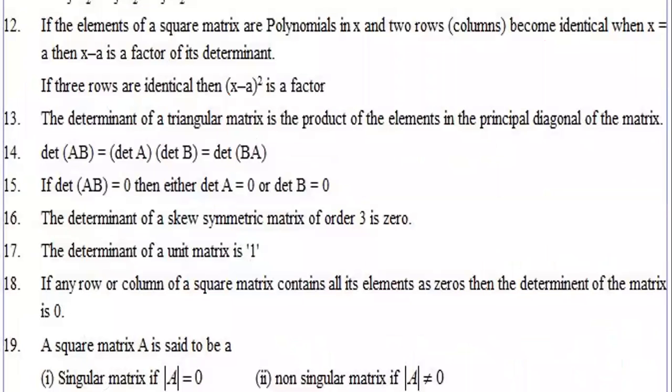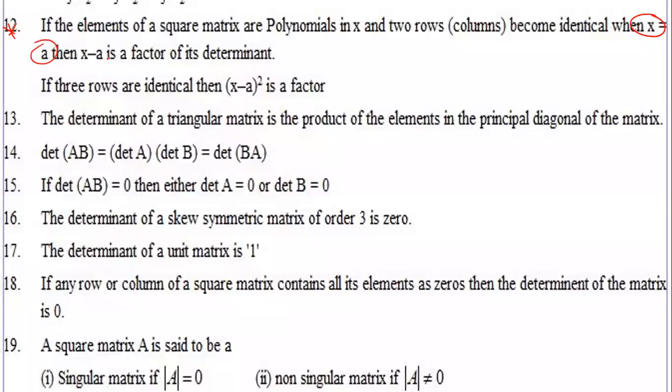Now see, this is the next property. Don't write 12, just add them. If the elements of a square matrix are polynomials in x, and two rows or columns become identical when x is equal to a, this point is very important.